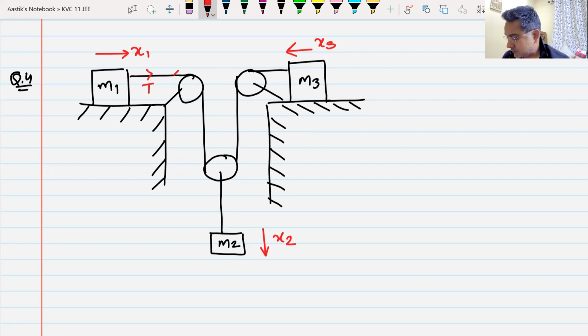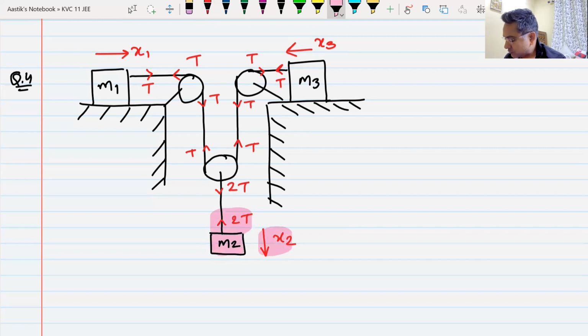T, T, T, T, T, T, and T. This gentleman is 2T. This gentleman is 2T. You can look at the pink block. 2T, x2 in the opposite direction.